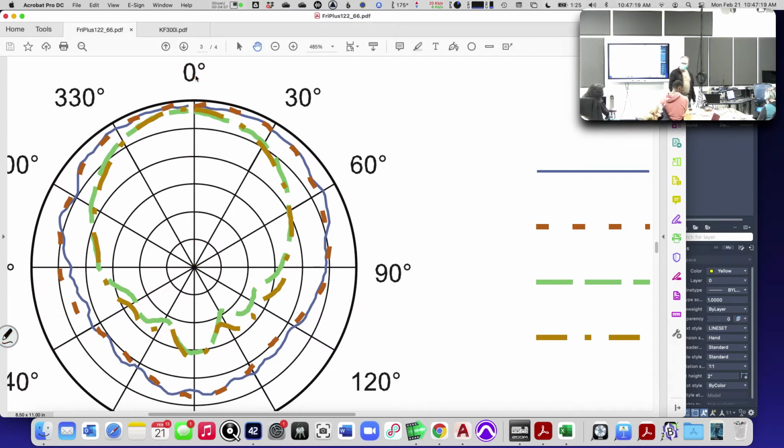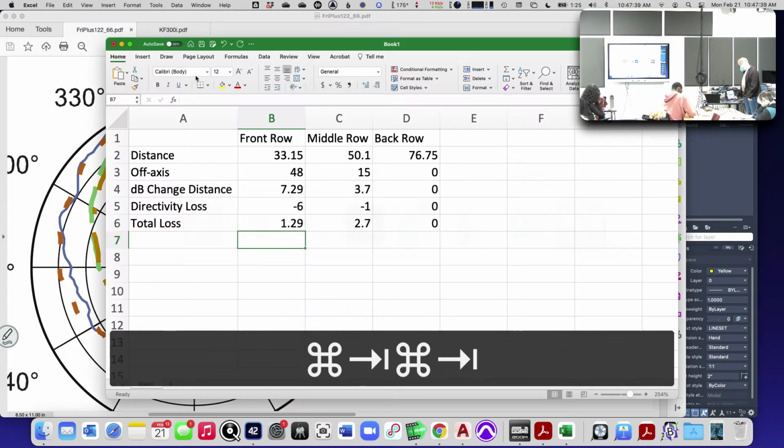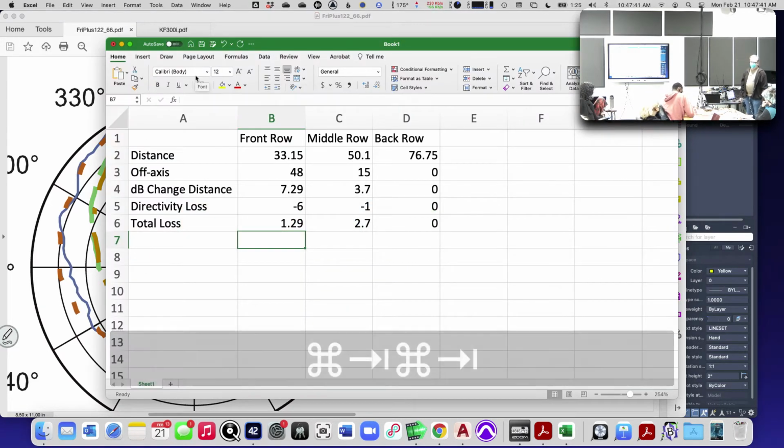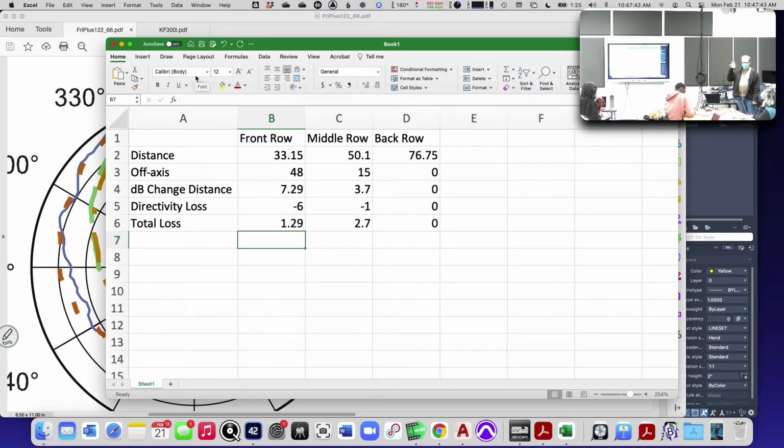Yes, Courtney. So when you're deciding what equipment to use, this is a 60-degree loudspeaker, but the back row that we're directing it to is 48 degrees. If you had the resources, would you get a different loudspeaker for that situation? Yeah, assuming I had some flexibility and could go get something else, I know that if I aim it at the back row, I'm dealing with 48 degrees, which I would round up to 50 degrees difference between back row and front row.